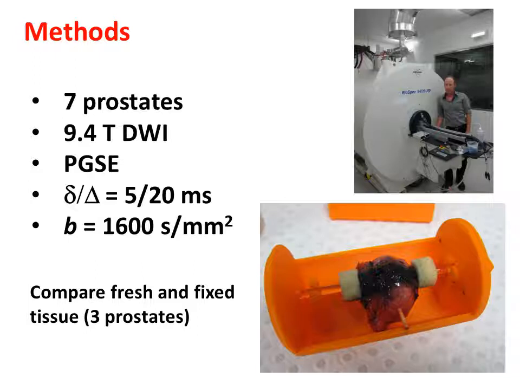And you can see an example of a prostate here. It's been inked, the seminal vesicles removed, and we suspend the prostate on a 5mm NMR tube filled with saline. That saline gives us a nice reference to the diffusion standard.